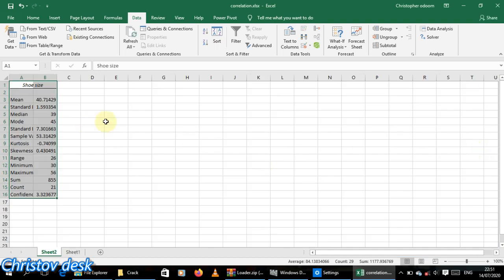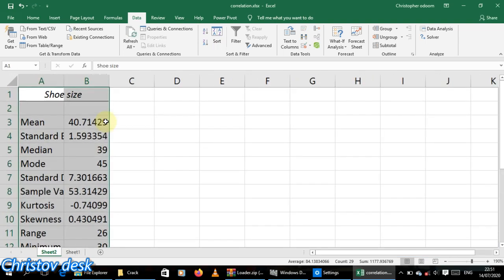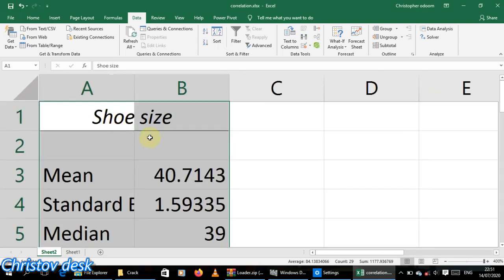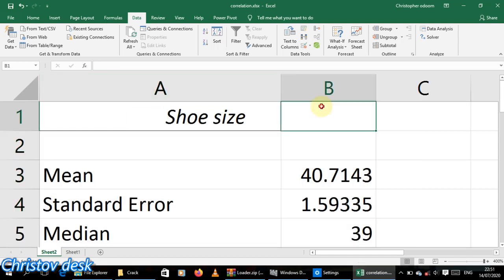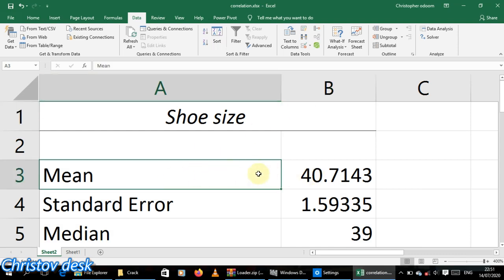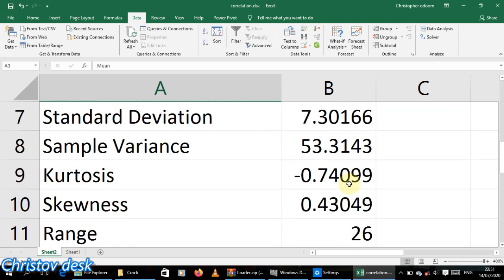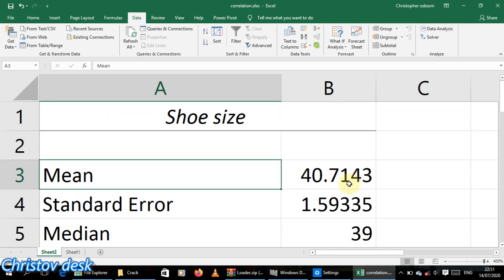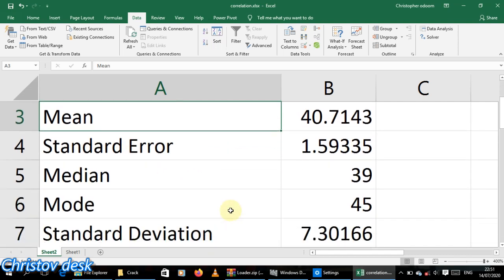Afterward you will see that your descriptive analysis has been done nicely. For shoe size, all the necessary descriptives have been computed. The mean shoe size is 40.7143, and then there is the standard error. Remember, in statistics, standard error is different from standard deviation.